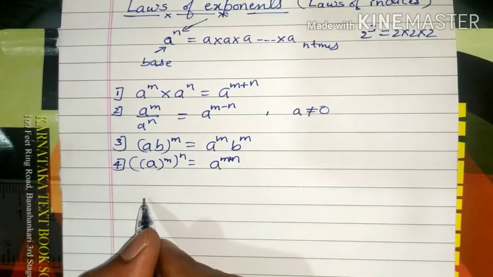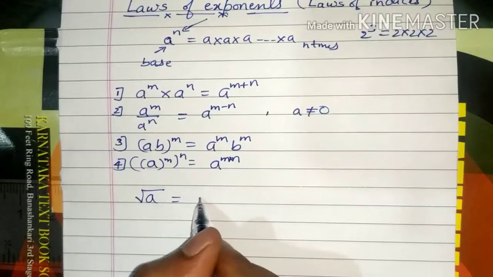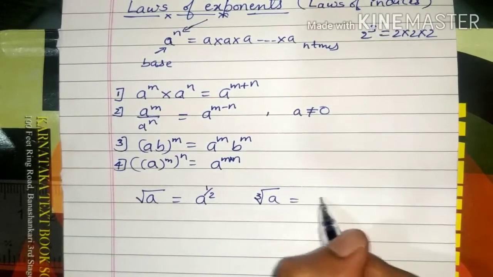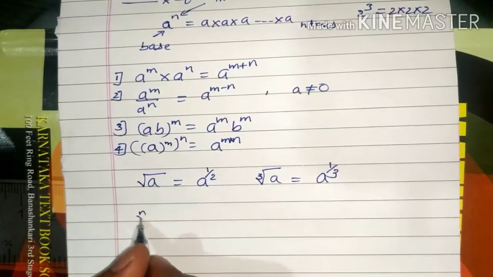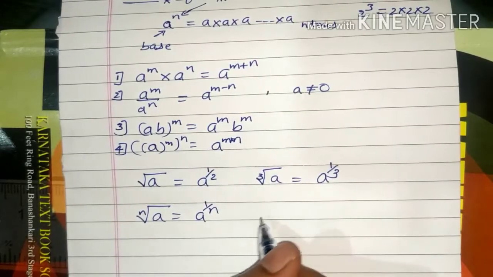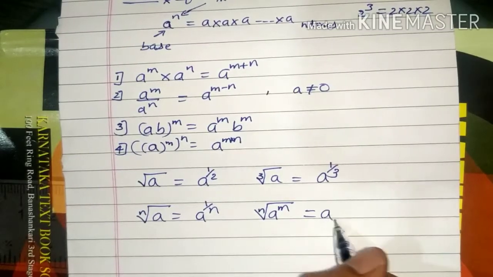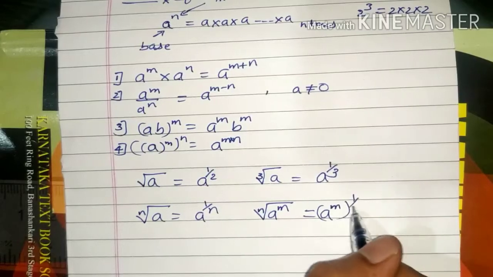You can also consider some more. You know that square root of a means a raised to 1 by 2. In the same way, cube root of a means a raised to 1 by 3. So in general, nth root of a is equal to a raised to 1 by n. Also, nth root of a raised to m is equal to a raised to m, whole raised to 1 by n.